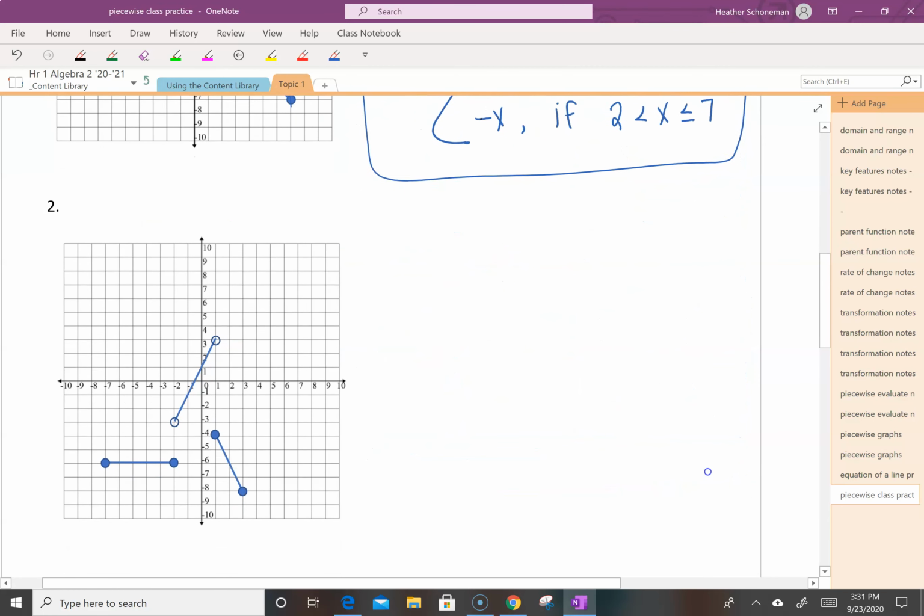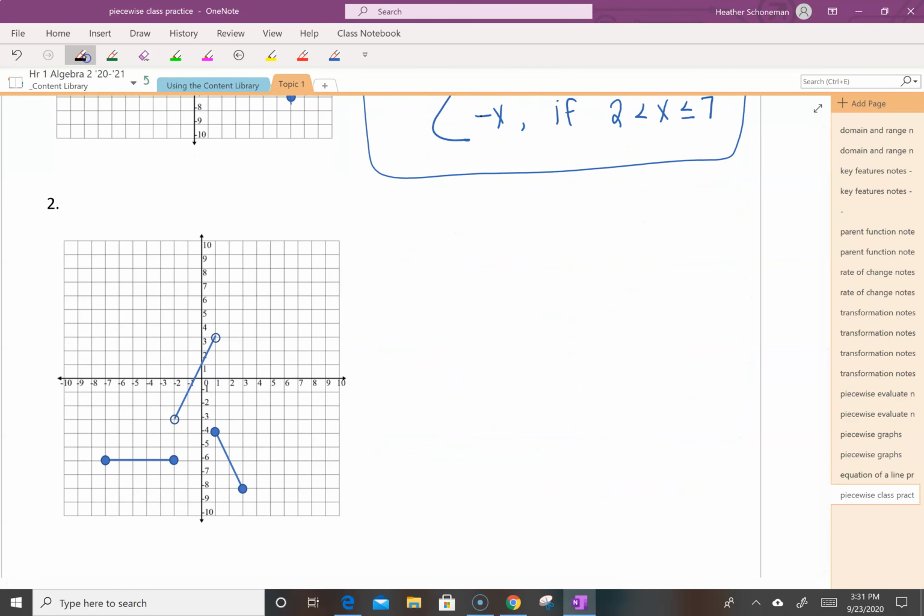Okay, let's try this again. On number 2, you have 1, 2, 3 equations. So because you have 3 lines, you're going to have 3 equations. The first one is flat. It requires no work. The other ones are not that bad either. So let's start with number 2. Well, number 2, it crosses the y-axis.